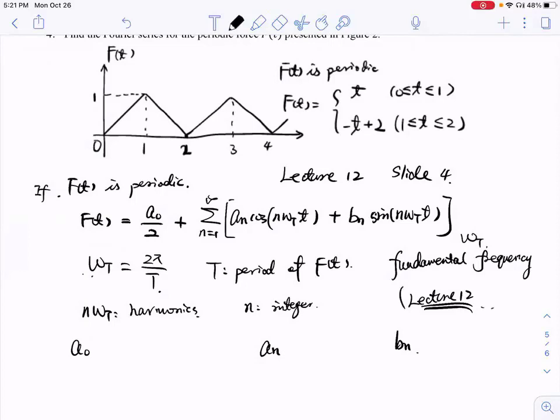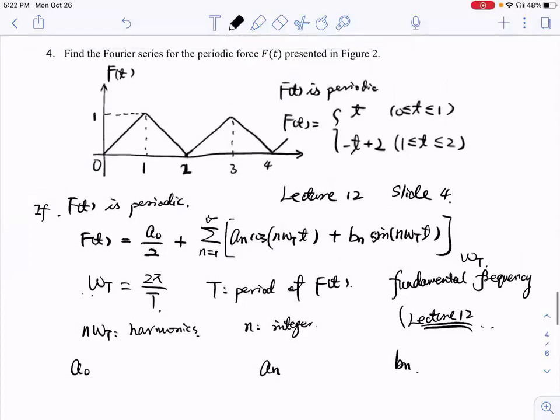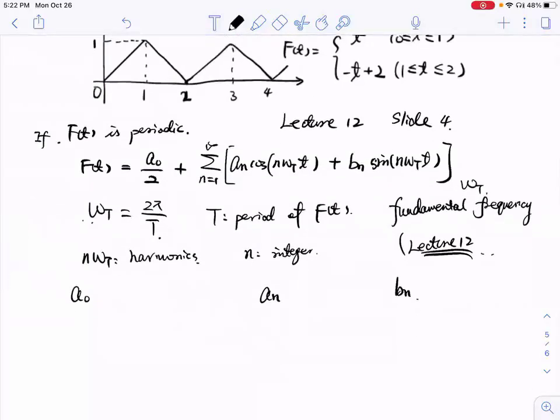Make sure you understand those MATLAB codes. If you know how to run those MATLAB codes, that can save you hours in solving this Fourier series problem, because that MATLAB code is able to find a naught, a_n, b_n automatically for you. Otherwise, you have to do manual integration.